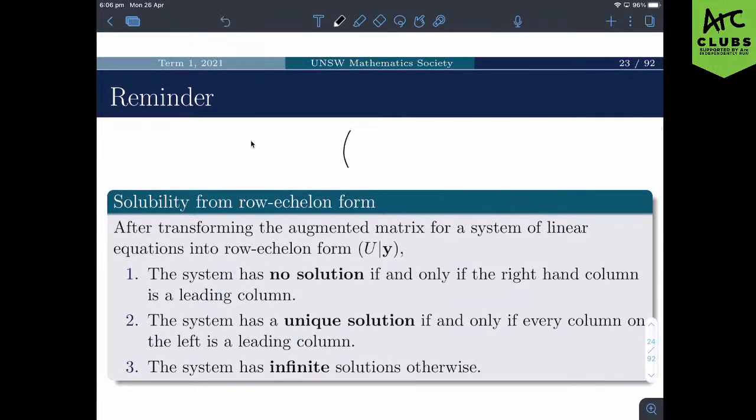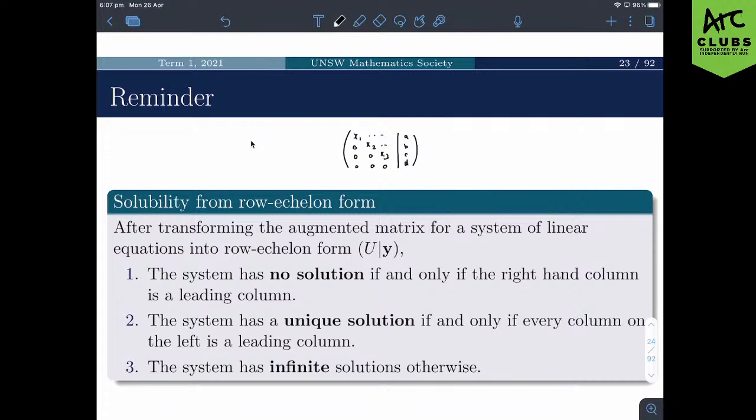So when you have a bunch of variables, they might all be zeros, and you have some zero row on the left, but the term on the right is a non-zero entry. That's when you know that there's no solution.